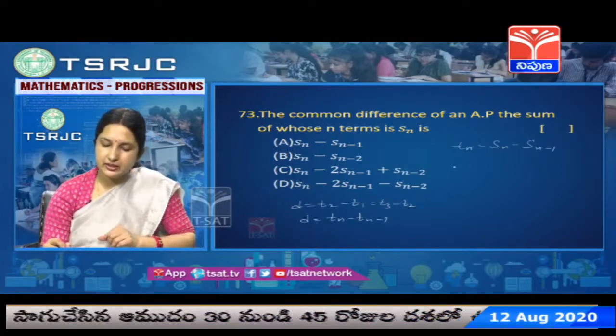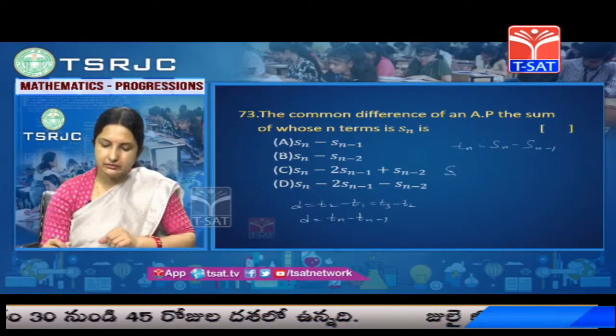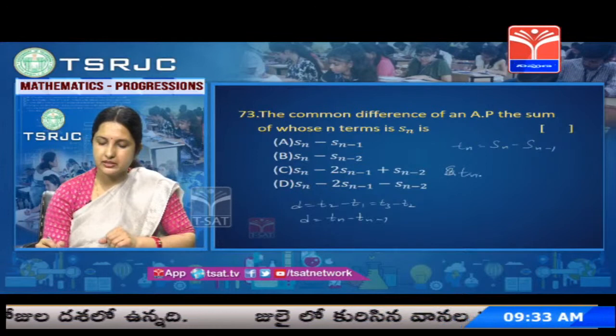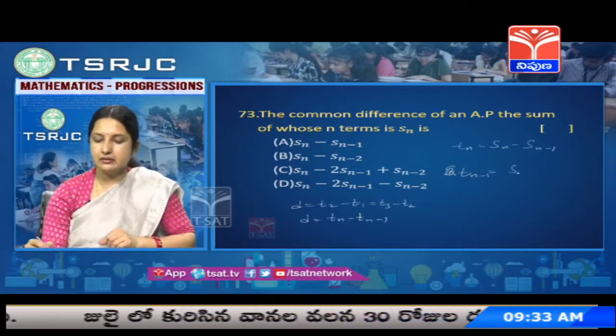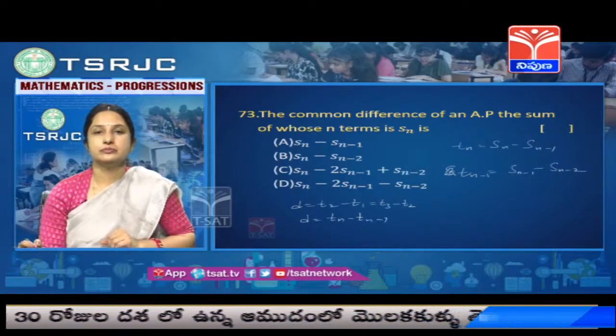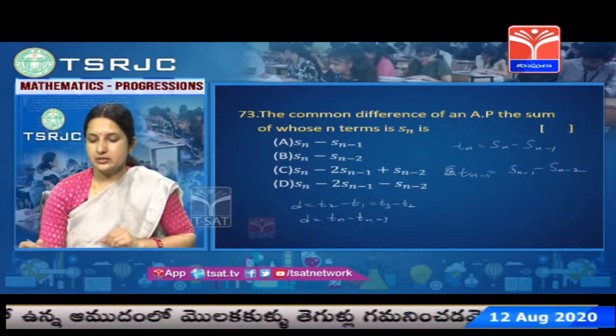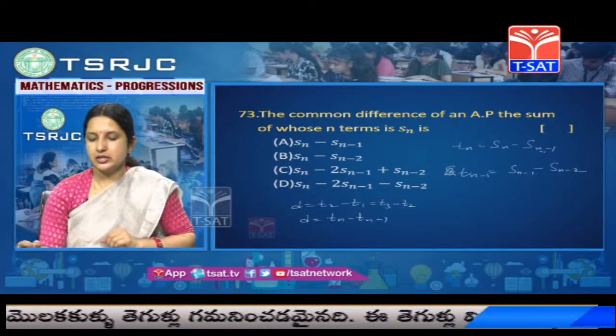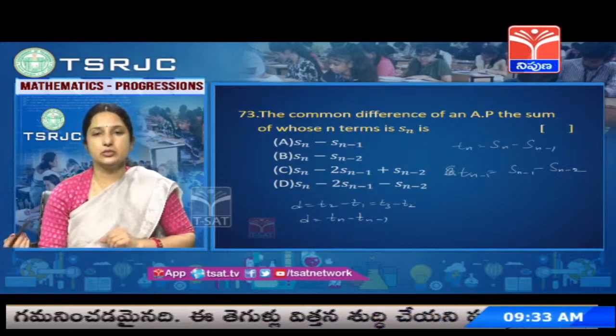Then Tn minus 1 is Sn minus 1 minus Sn minus 2; substitute n minus 1 in place of n in Sn.